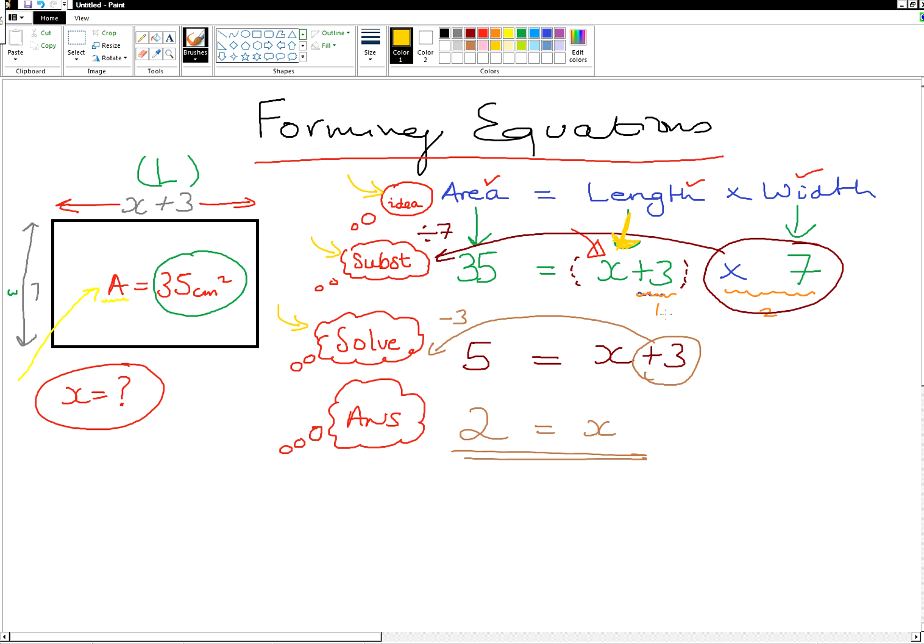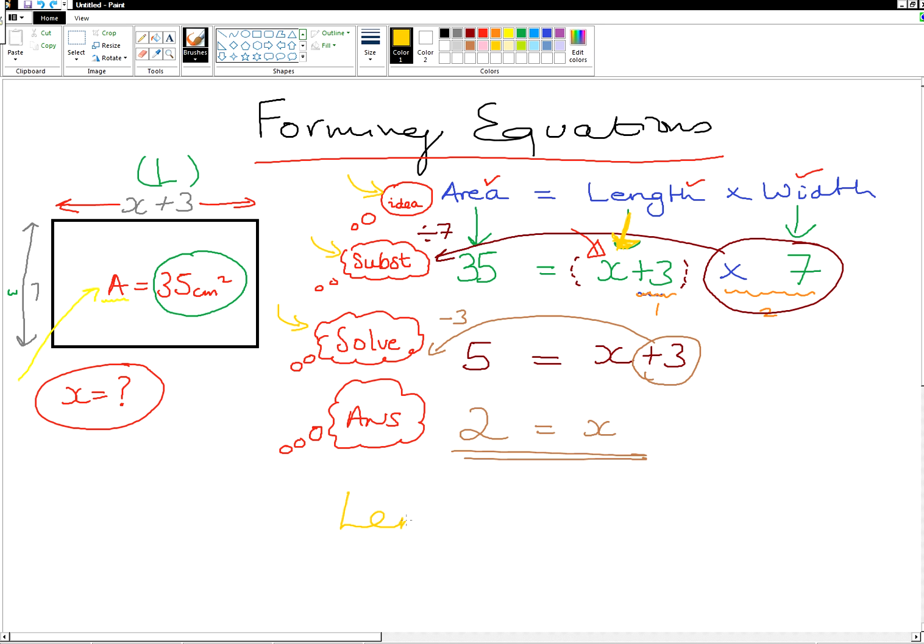Identify the actions. What's happening to x? x will be added by 3 and then times by 7. So which one do you move first? The last action. The last action moves first. So the opposite of times by 7 is divide by 7. Okay, right. And then the opposite of add 3 is minus 3. And that gives us the solution: x is equal to 2.